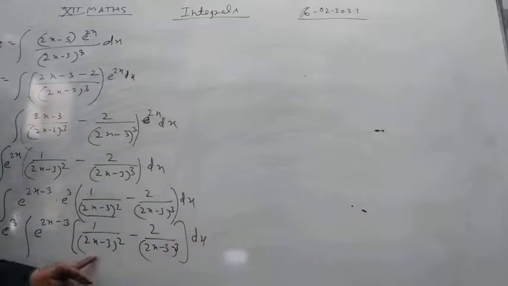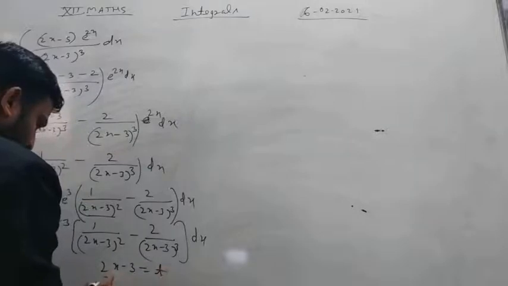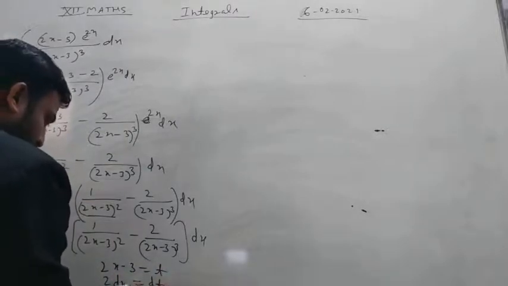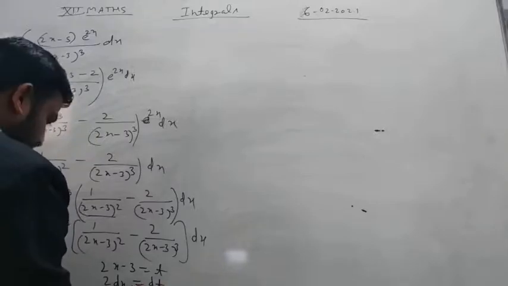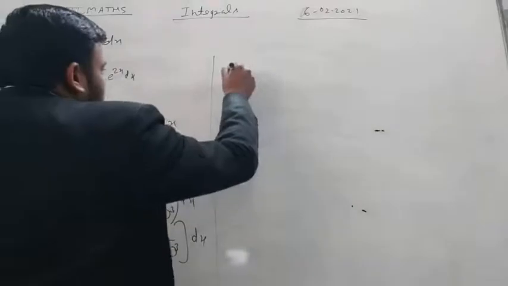Now we take 2x minus 3 is equal to t. So 2 dx is equal to dt, so dx is 1 by 2 dt.